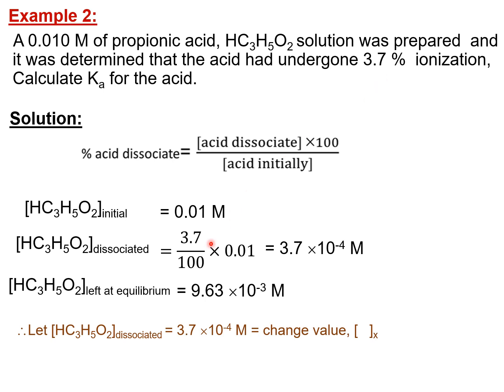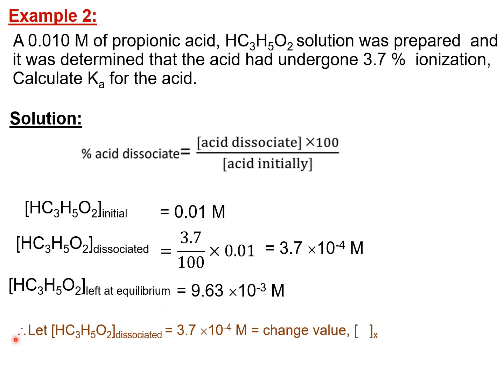Okay, so senang cerita 3.7 bahagi 100 kalikan dengan 0.01. So now we can get the concentration of HC3H5O2 yang dissociated adalah sebanyak 3.7 times 10 to the power of negative 4 molar. So kiranya concentration of HC3H5O2 yang left at equilibrium ialah sebanyak 9.63 times 10 to the power of negative 3 molar.